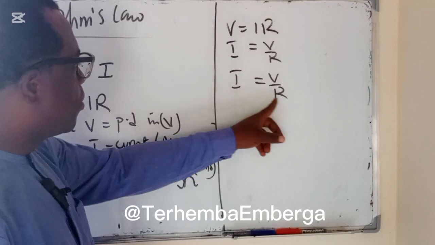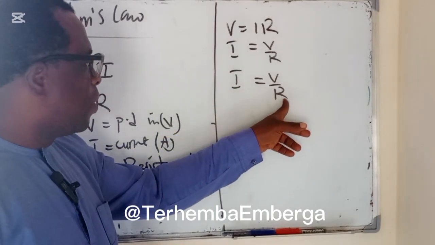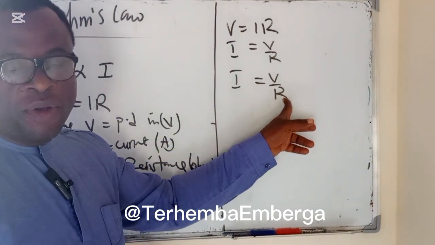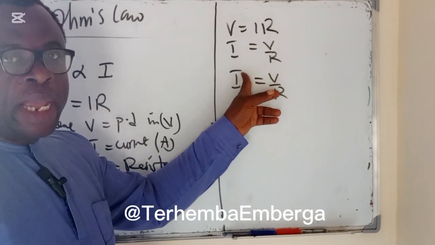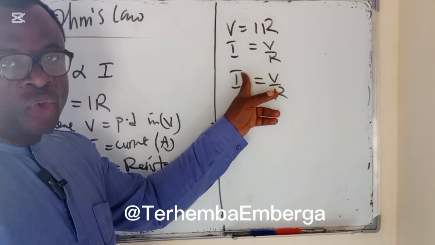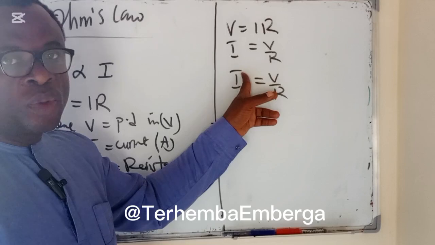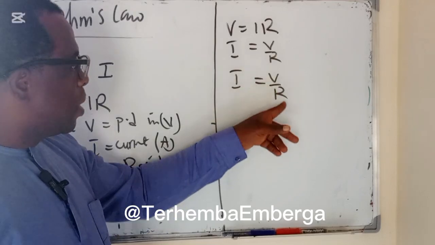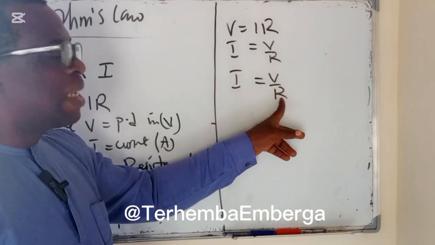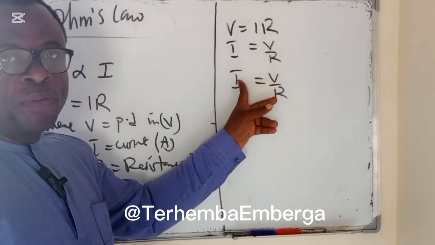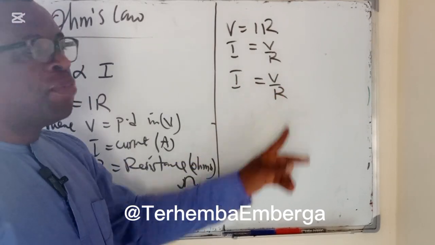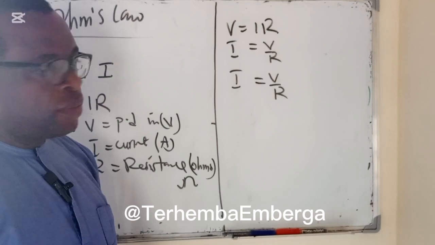So what are the implications? It means that if the resistance of a conductor is low, a higher current will be allowed to pass through it. And that's what we call a good conductor. If the resistance is high, a small value of current will be allowed to pass. I would say it's a poor conductor.